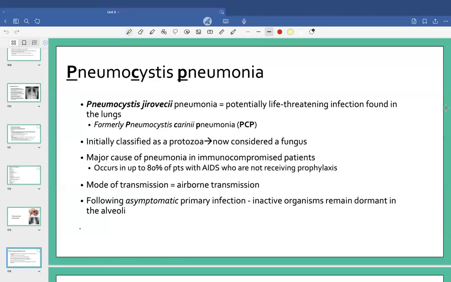Pneumocystis, the most common infectious cause of pneumonia in immunocompromised patients, and the most opportunistic pathogen in the HIV community. Patients with autoimmune or rheumatoid disease are also at risk for pneumocystis pneumonia.